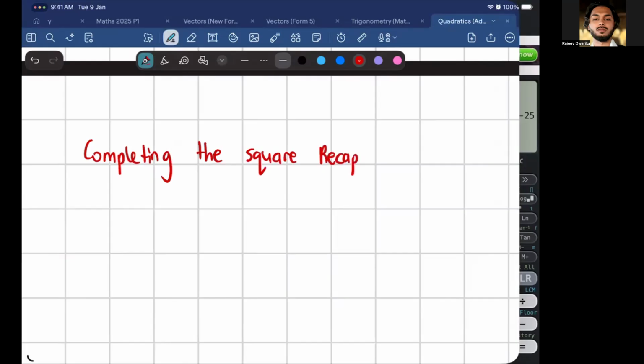So guys, first things first, what is the completing the square form? That's the first thing we're gonna start off with. Zachary, what's the completing the square form? The a open bracket x plus h bracket squared plus k.